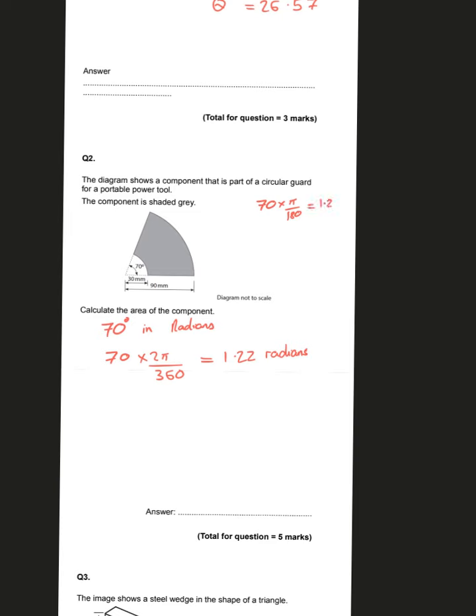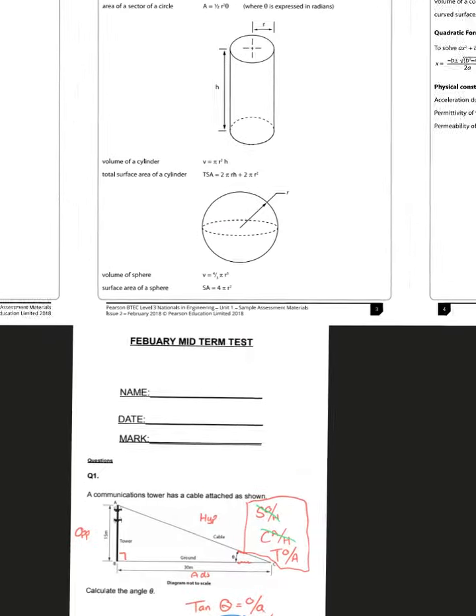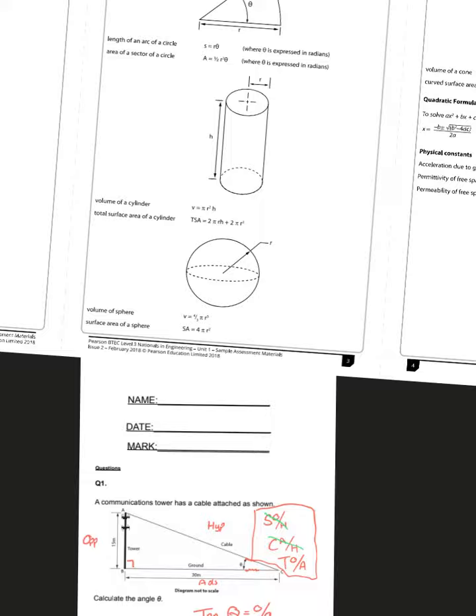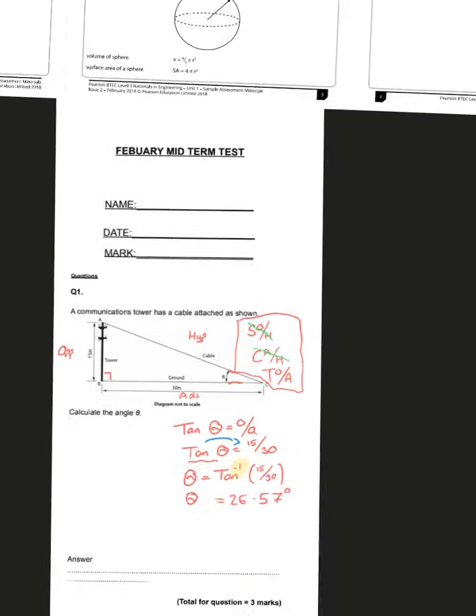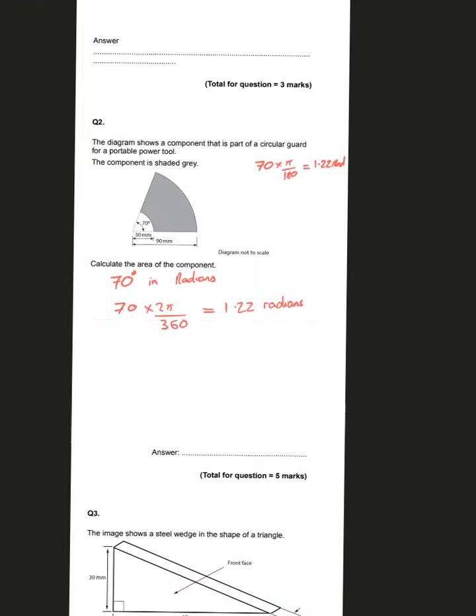That's fine, you're going to get the exact same answer anyway. So that would probably have got you a mark or two for this question. Now we're on to the area. So area, if we go back to the formula book, is a half r squared theta. So half of our radius squared times theta.